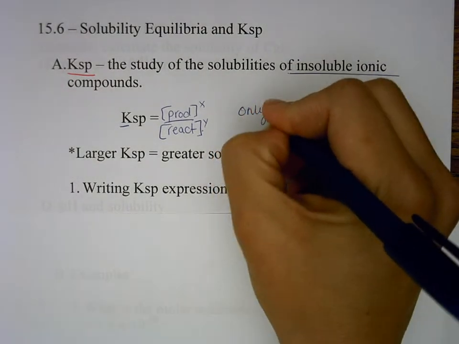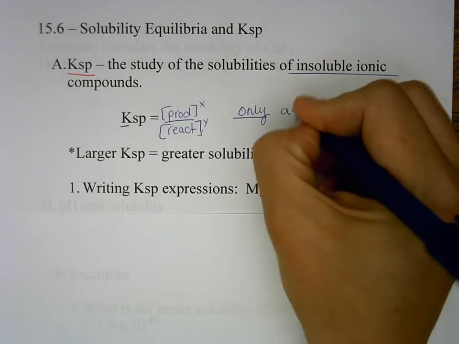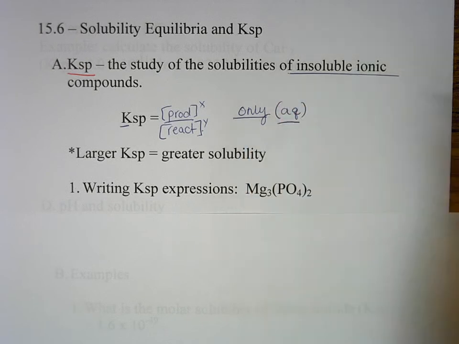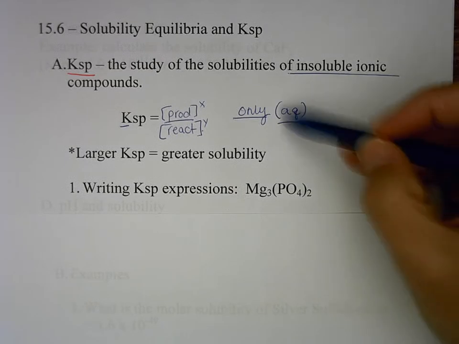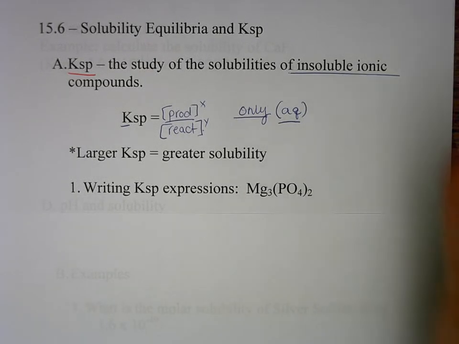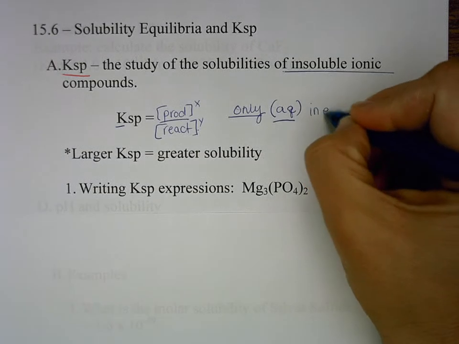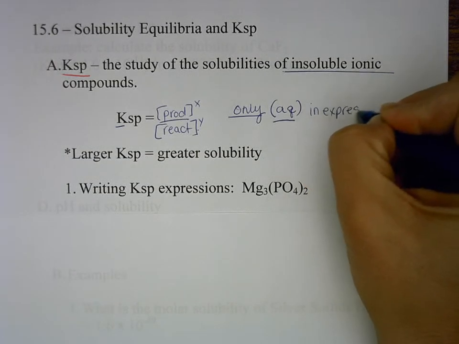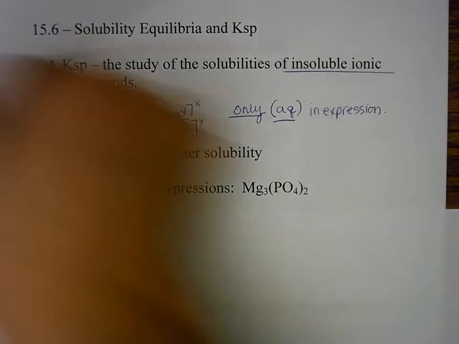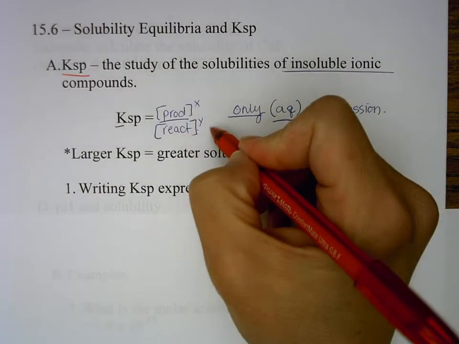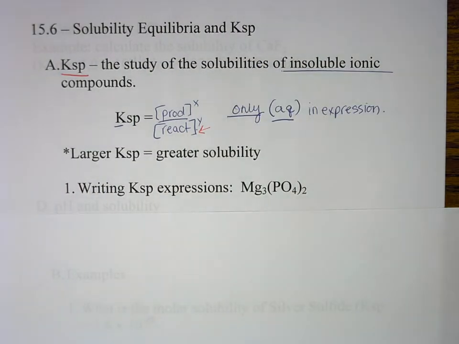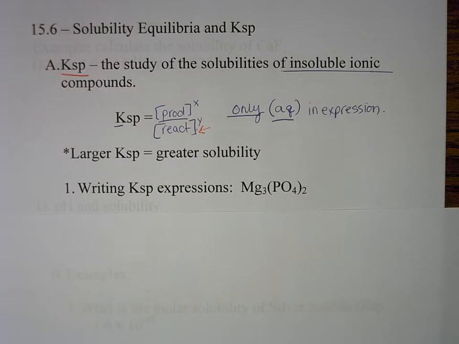When we're dealing with KSP, we're dealing with solids that dissolve and ionize, and those ions are aqueous because they're dissolved in solution. So only the aqueous stuff is included in the expression. What that means most of the time is that the reactant part is left off, because we'll see in the equation that that's usually solid.